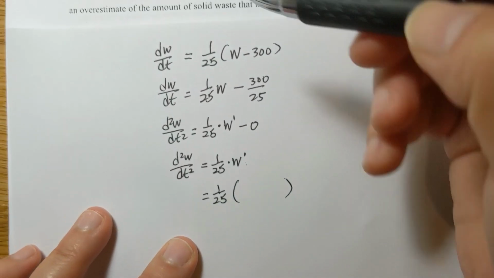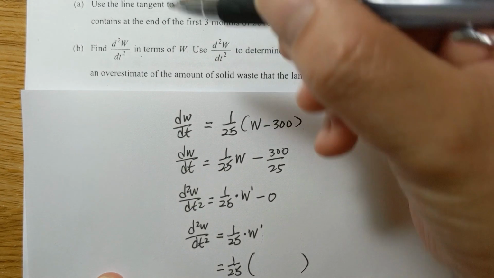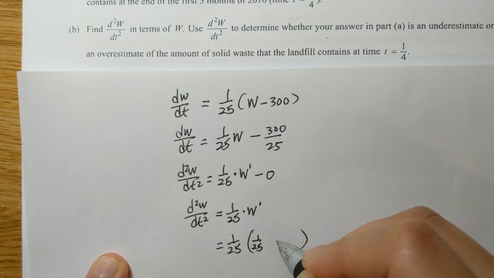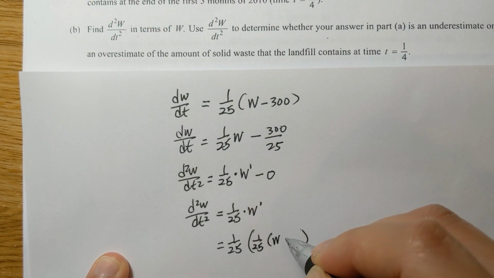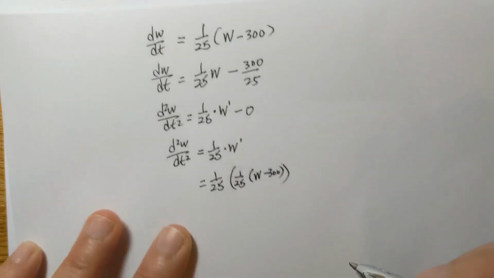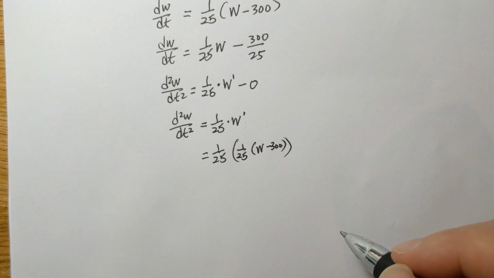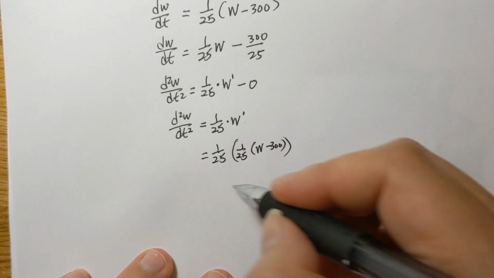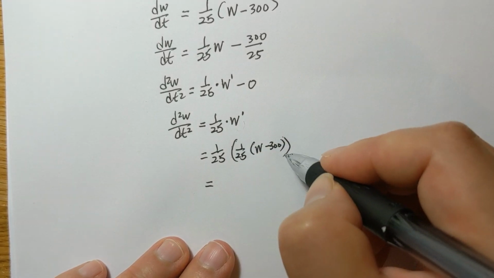This is going to be 1/25 times (W minus 300). Now I'm going to simplify a little bit and get rid of this set of parentheses.